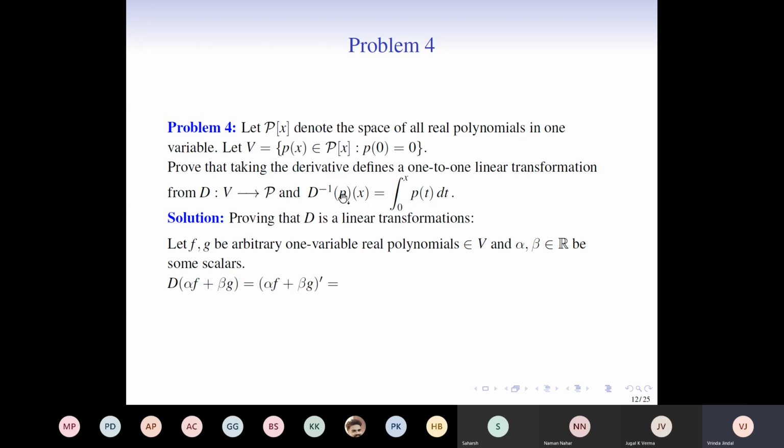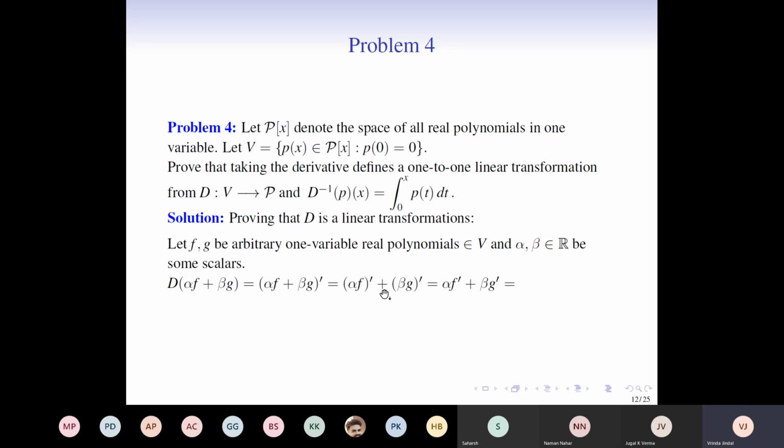By definition, D is a function that takes derivatives. So the derivative of alpha f plus beta g will give us alpha f' plus beta g', by virtue of the properties of addition, and we pull out alpha because this is how taking derivatives works.